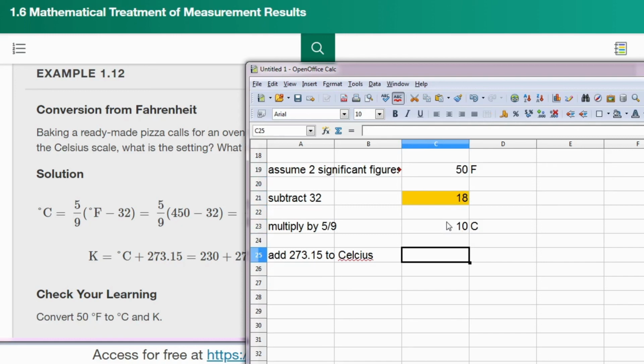So to calculate the number of kelvins, I just add 273 to the Celsius figure. That's easily done. Actually it's 273.15. We get 283.15, and to 2 significant figures, that's 280 Kelvin.